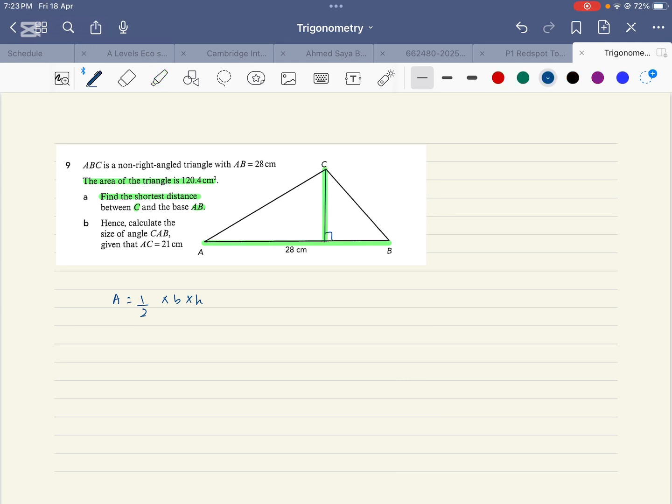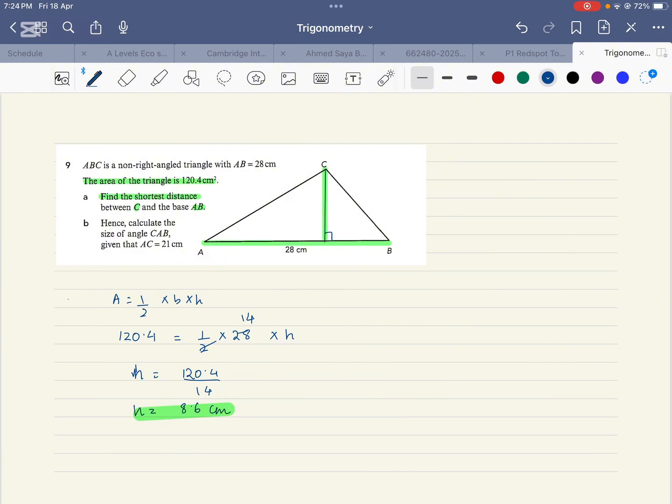So the area, 120.4, is equal to half, the base is 28, and the height is unknown. So height is equal to 120.4 divided by 14, which is equal to 8.6 centimeters. This is the answer for part A.